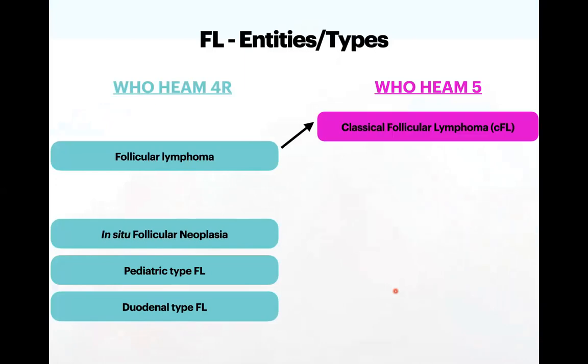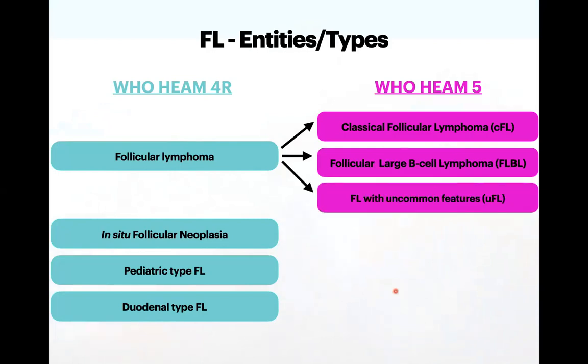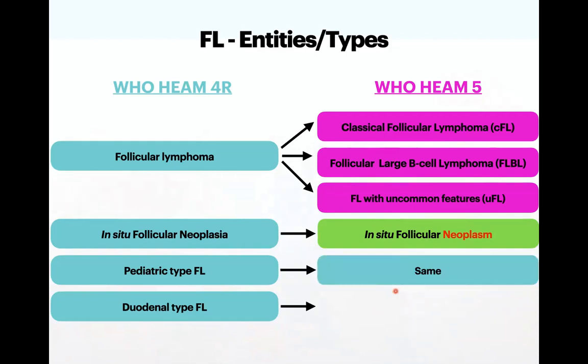In the fifth edition, follicular lymphoma is further subdivided into three: classical follicular lymphoma, that is CFL; follicular large B-cell lymphoma, that is FLBL; and follicular lymphoma with uncommon features, that is UFL. In situ follicular neoplasia has its name changed; neoplasia is termed neoplasm, the rest is the same, while the pediatric and duodenal type follicular lymphoma remain the same. So the major changes are in the follicular lymphoma entity, which is divided into three entities now.